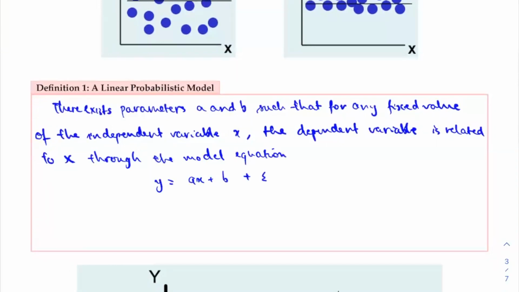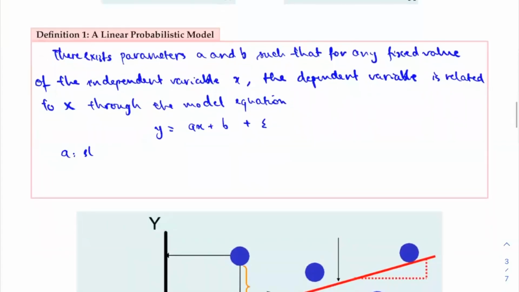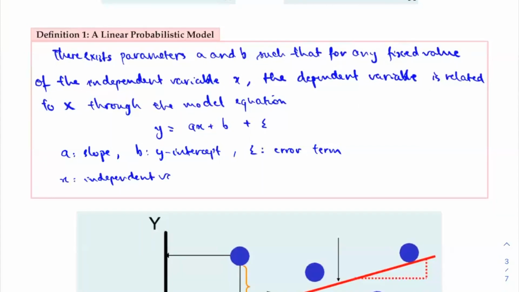So epsilon in this case is called the error term. That's not going to be our focus in this lecture. We're just going to focus on the linear part of the equation, which is ax plus b. Again, a is the slope, b is the y-intercept, and epsilon is the error term. Of course, x is the independent variable, and y is the dependent variable.